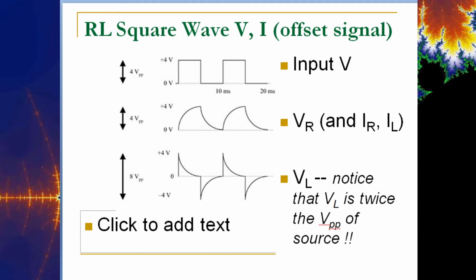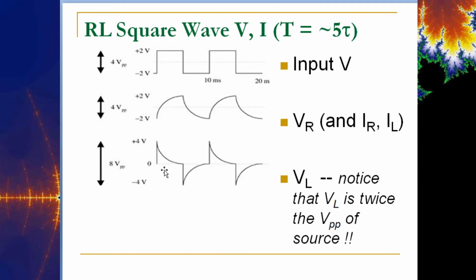And so what happens with the voltage on the inductor? Well, without the offset, again, because this is a 4 volt peak to peak, we're going to go 4 volts in this direction. So that's a 4 volt increase, and we decay back to 0. And then from this position here, when you go from +2 to -2, that is a -4 volt change.